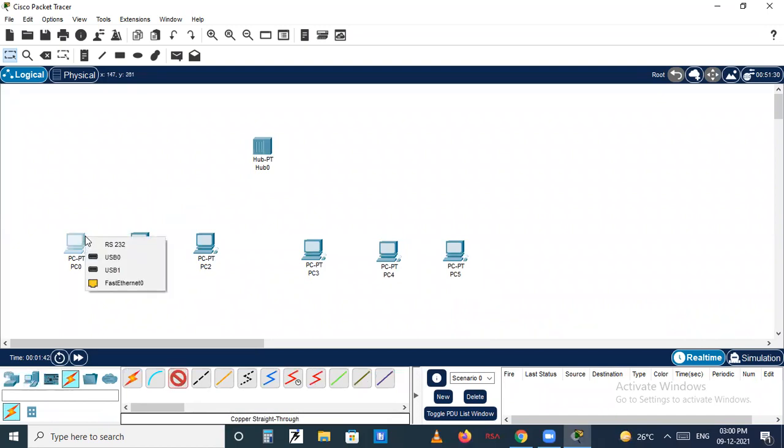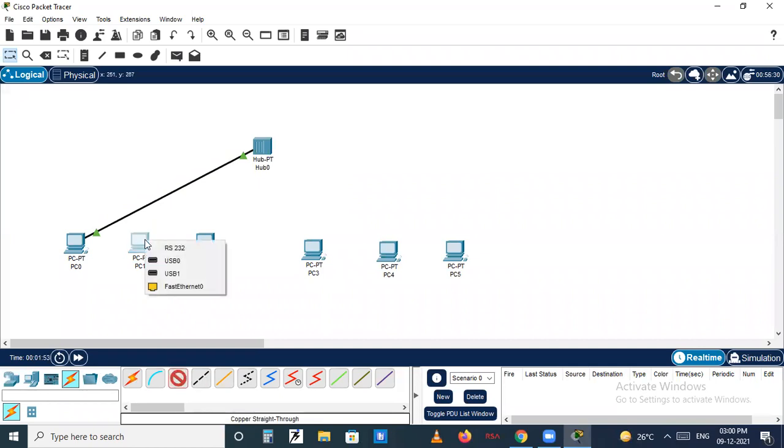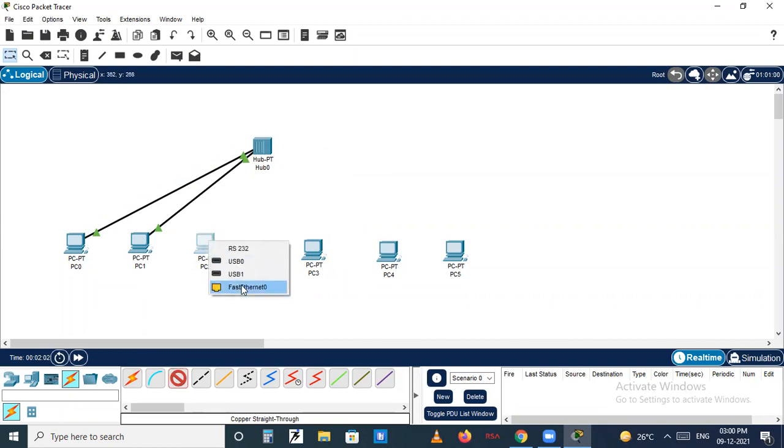So choose fast Ethernet here, and then you will go here. On the first one, you attach this. Then you take the next one, fast Ethernet, and then this one. Similarly, you will connect all the devices to this hub.